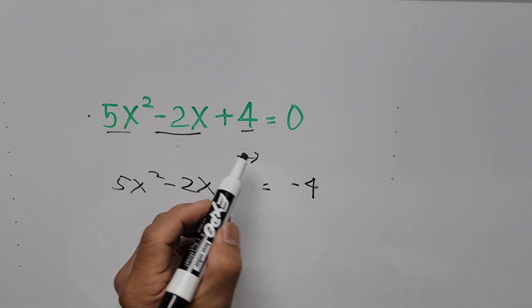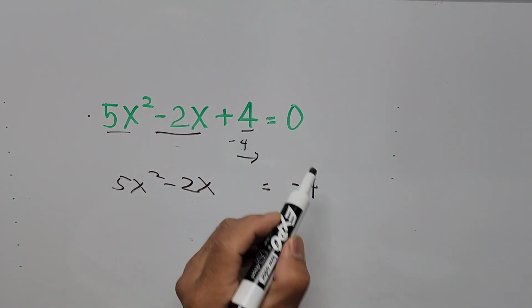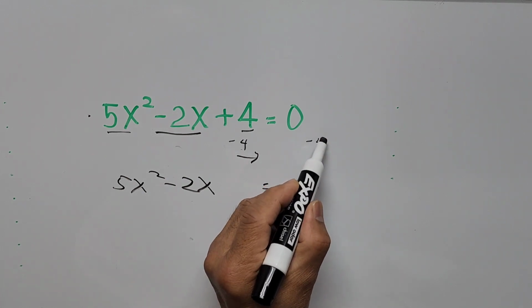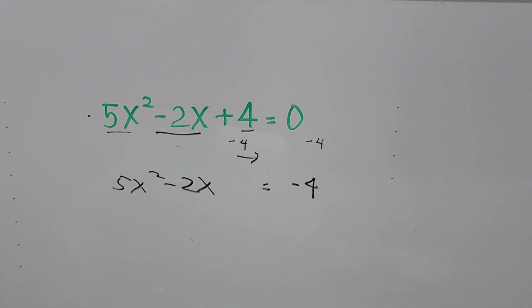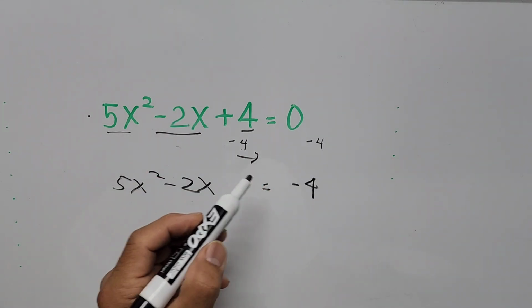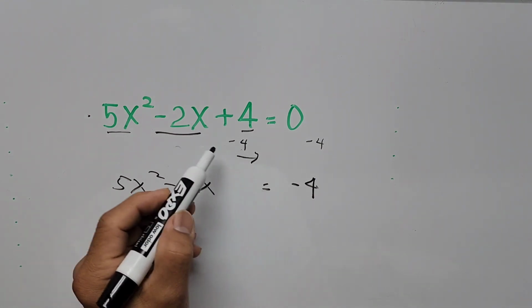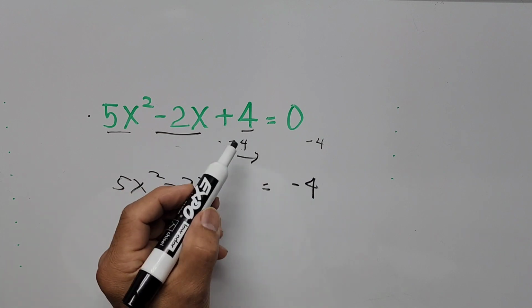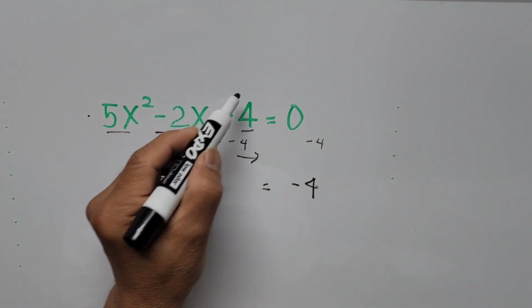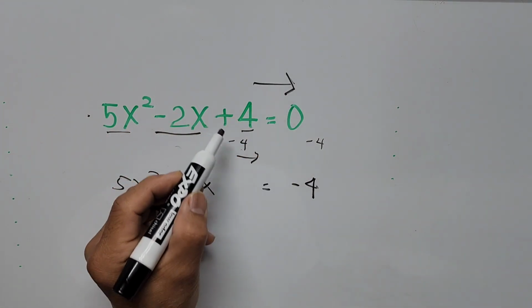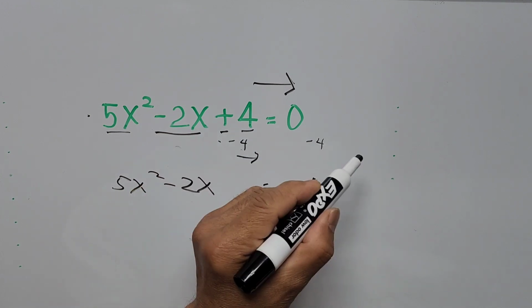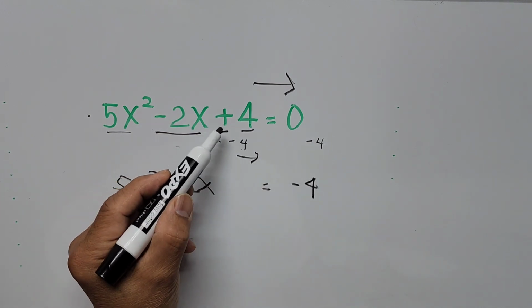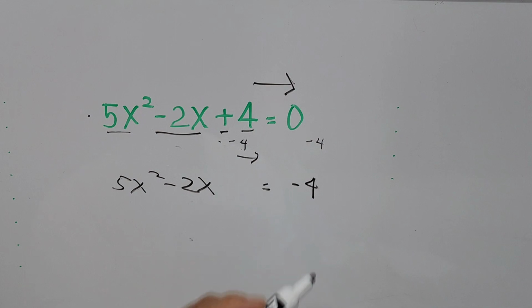Alright, the same way, subtracting 4 on here, and on the right hand side subtracting 4 the same way. That's the same. But you know, that way it will become faster. Instead of subtracting 4 left side and right side, just move the constant to the right hand side and change the sign. From positive it will become negative. If this were negative, it will become positive on the right hand side.